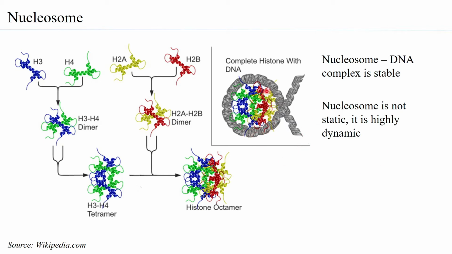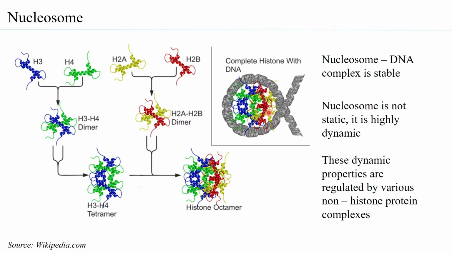And that's why it is said that the nucleosome is a highly dynamic complex in itself. And this assembly and disassembly of the nucleosome is regulated by various other non-histone protein complexes. And this is an important phenomenon, especially associated with decondensation of DNA for enabling replication or transcription to happen.